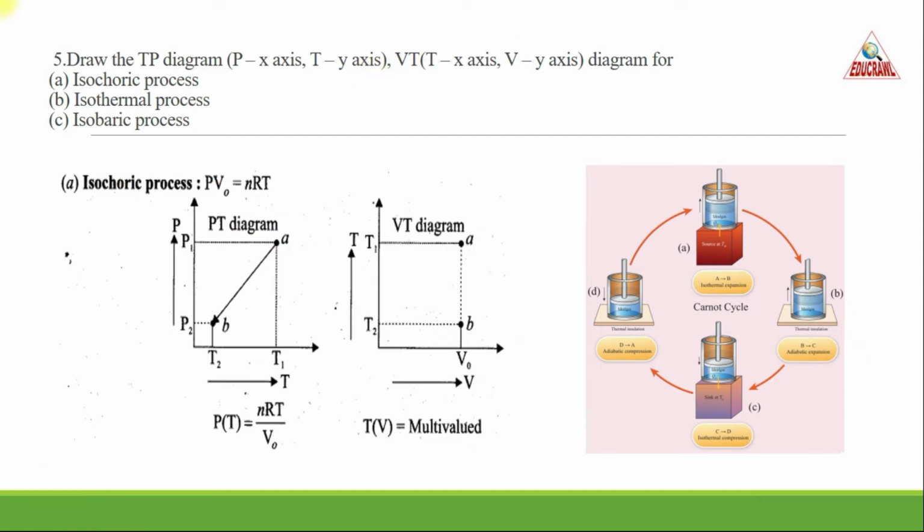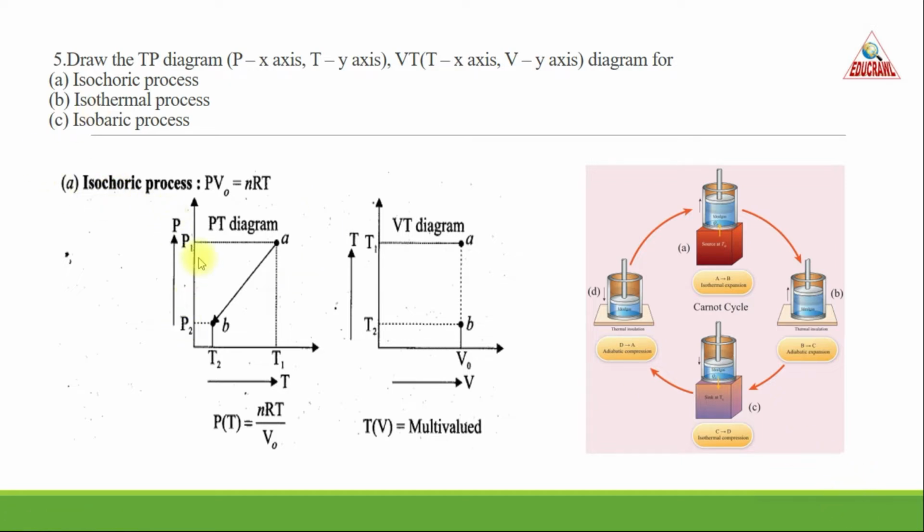Now the fifth problem. Draw the PT diagram where pressure is taken on x-axis, temperature is taken on y-axis. Then VT diagram where temperature is taken on x-axis and volume is taken on y-axis. Diagram for isochoric process, isothermal process and isobaric process.